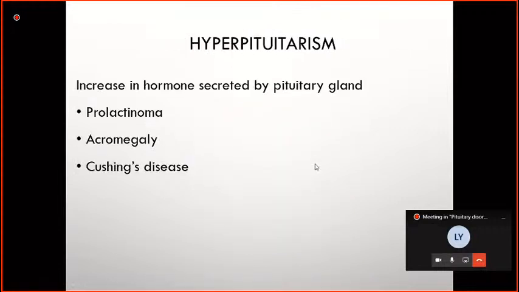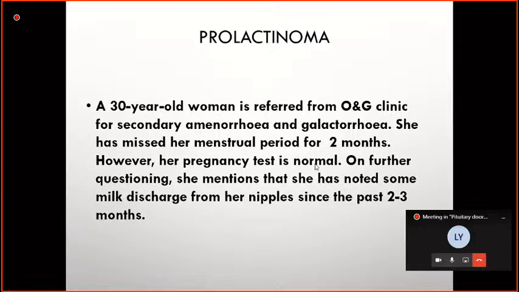So prolactinoma, acromegaly, and Cushing's disease. Now we go to the case, the case that I put up in your SCTL. You can quickly go through the case because we've already covered quite a lot in the general concept of pituitary disorder.